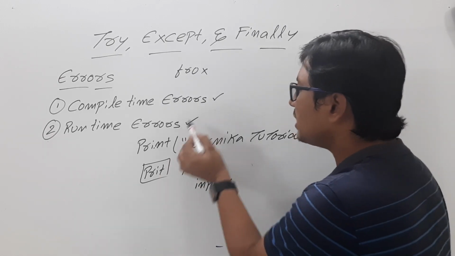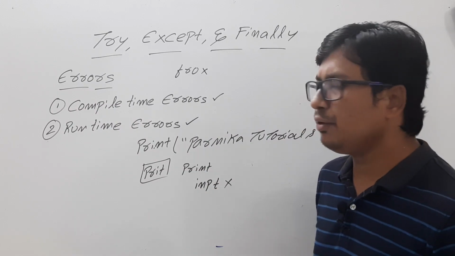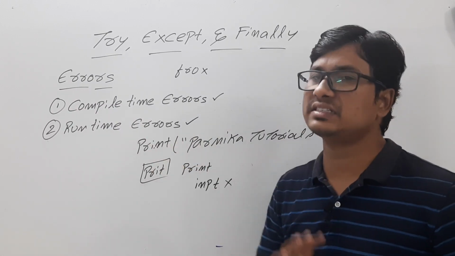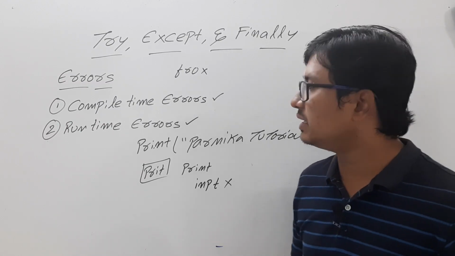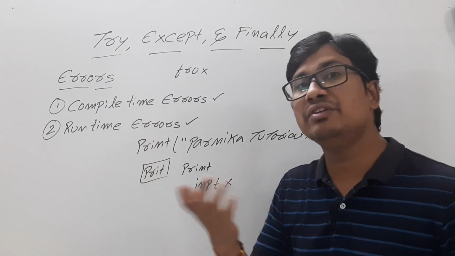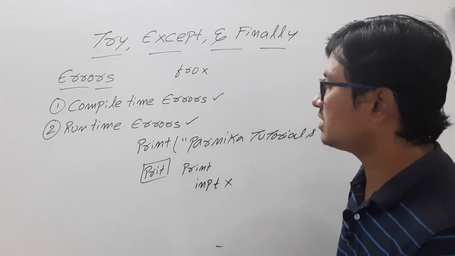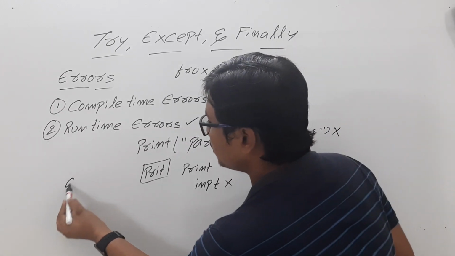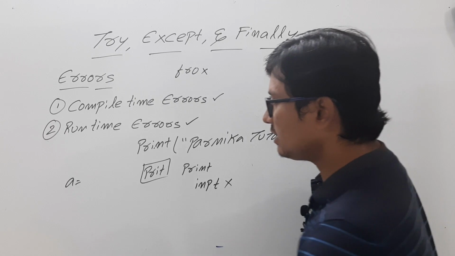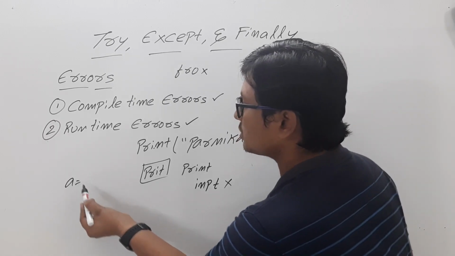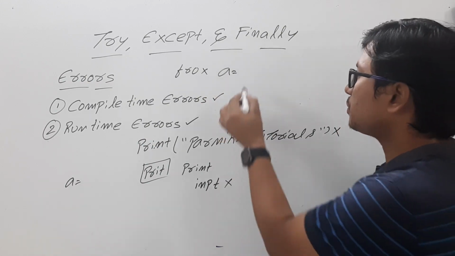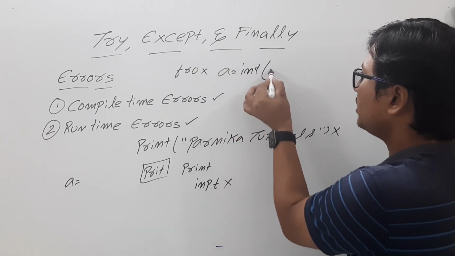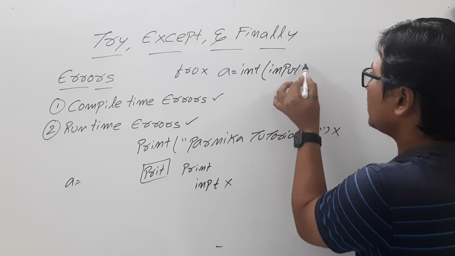Now the runtime errors, meaning that when you have written a program, there are no syntax errors. It was compiled properly or it is interpreted properly. And then when you have given the input to the user, suppose let's take that from the user, it is reading two inputs. Like let's take that user has written in a program a is equal to int of input, enter a number.